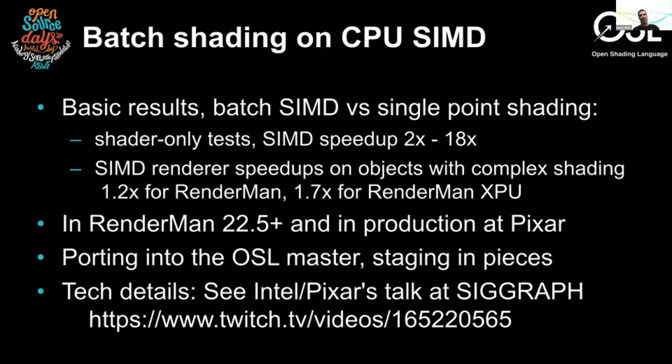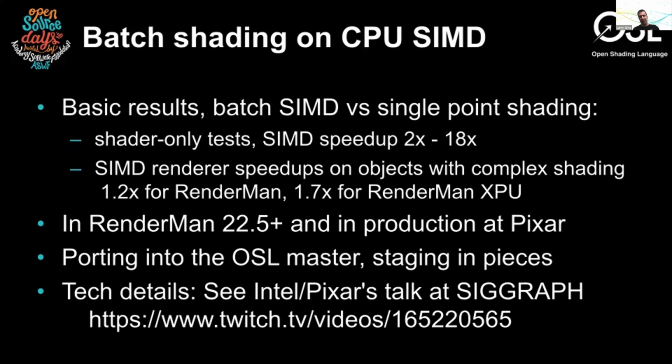In the context of a larger renderer, there are many factors that affect performance, and of course shading isn't all of rendering time, it's just a fraction of that. So like I said, this has been implemented already in RenderMan and used in production at Pixar, and so they have been reporting that in old style RenderMan tests, they're seeing about a 1.2x improvement when using the SIMD instructions.